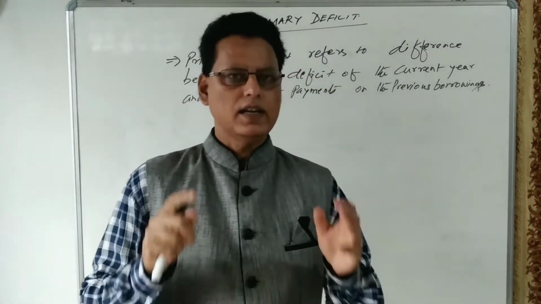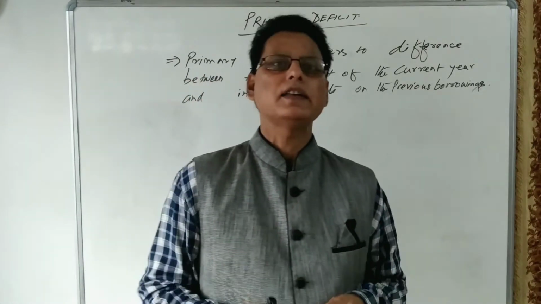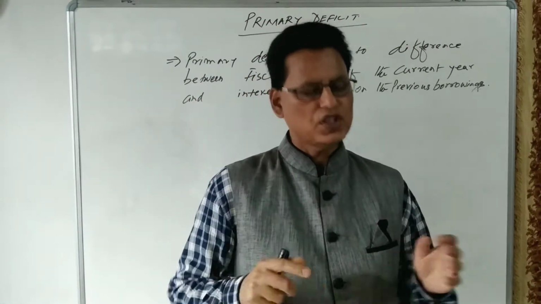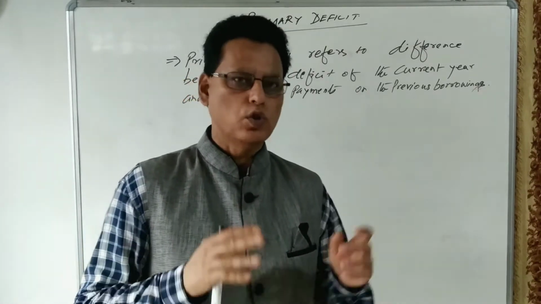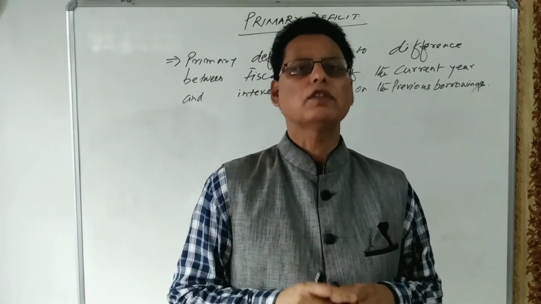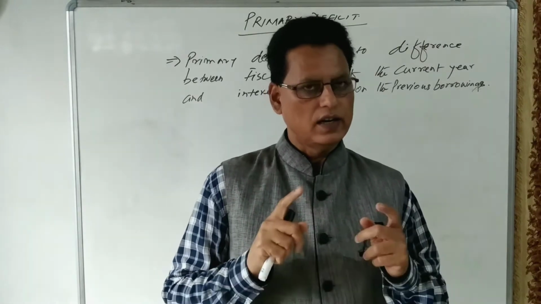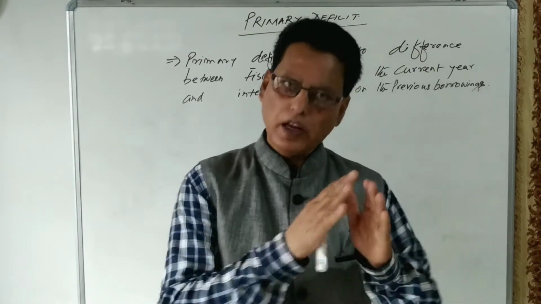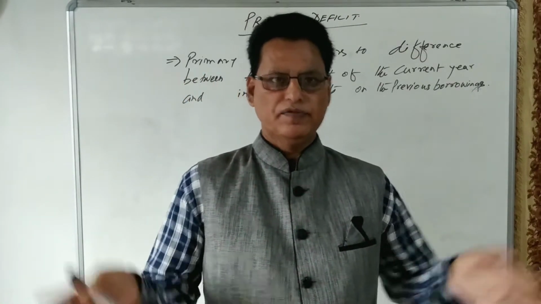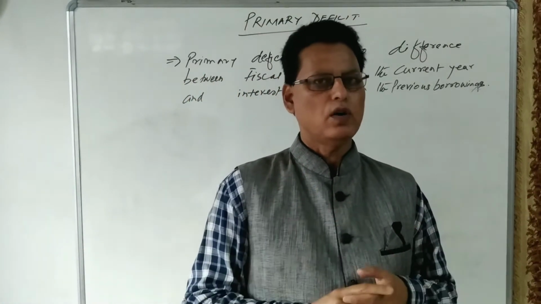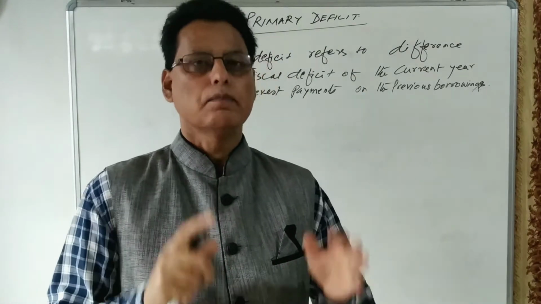Let us see the third concept, and that is primary deficit. The question arises: how is the government of our country calculating the primary deficit? When we deduct the interest payments from the fiscal deficit, we get an amount, and that is known as primary deficit.